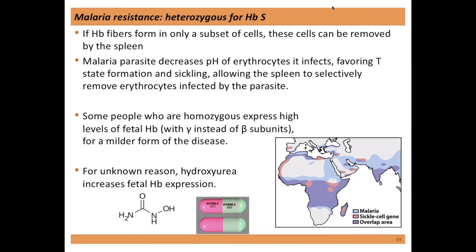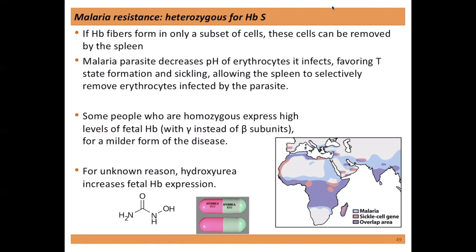And if it's sickled, then the spleen's more likely to remove it. So if you've got a small amount of these modified hemoglobins, essentially your spleen can identify those that are infected and remove them. So people that have this actually have some resistance to malaria.